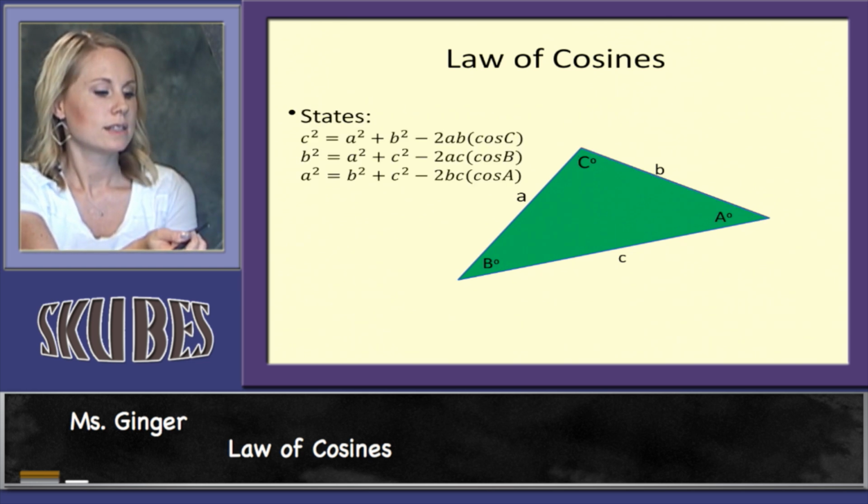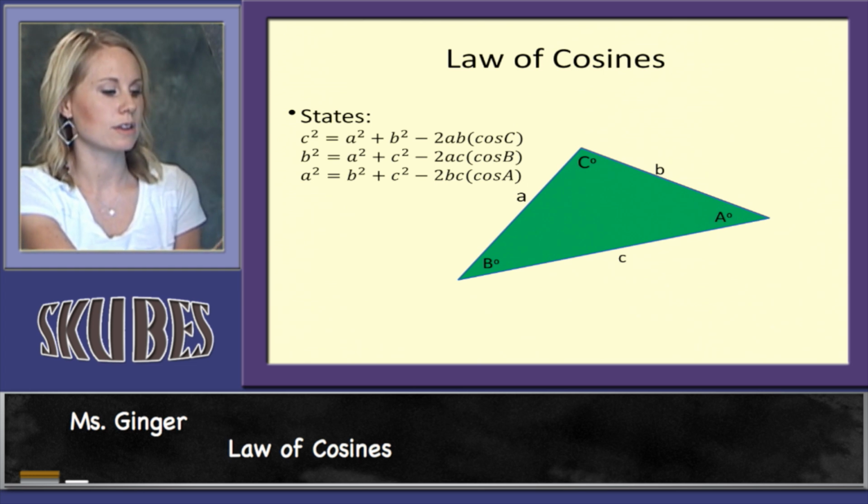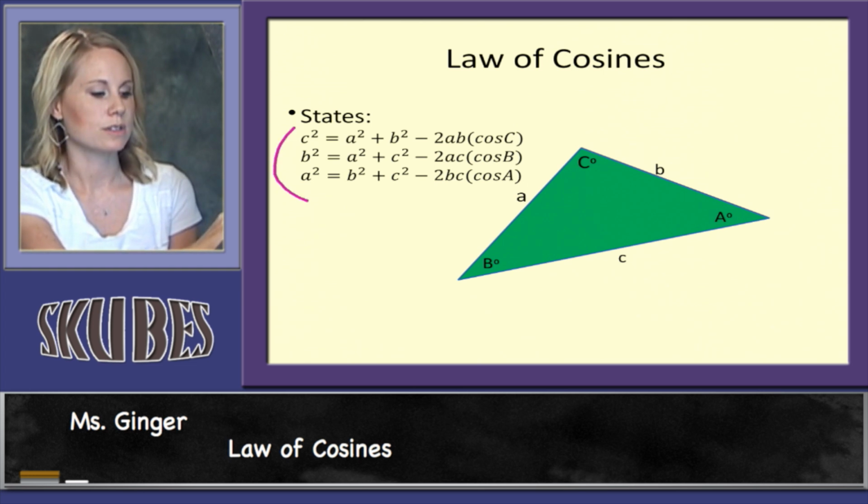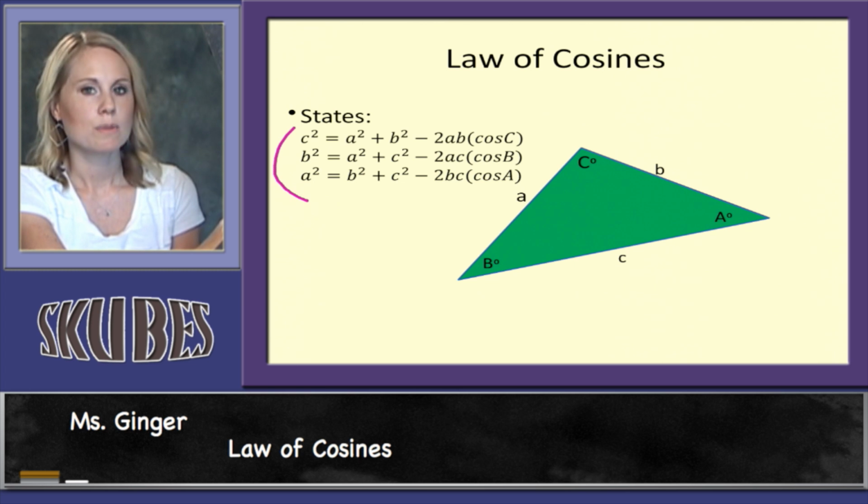The law of cosines is listed here, and there are 3 variations. I'm going to talk to you about when to use them in just a minute, but I want you to see the formulas here.